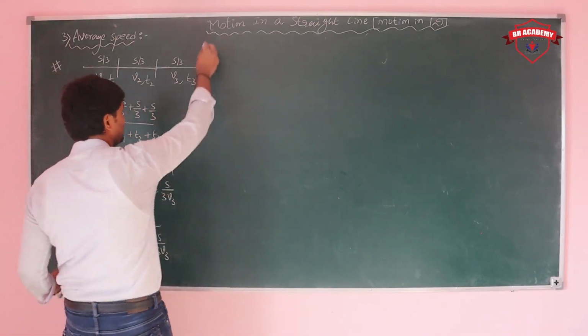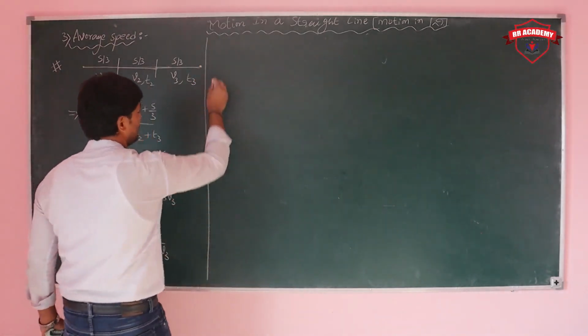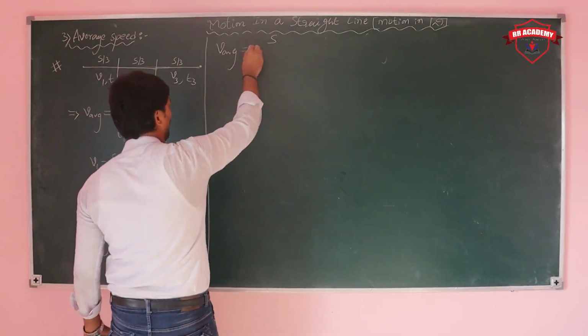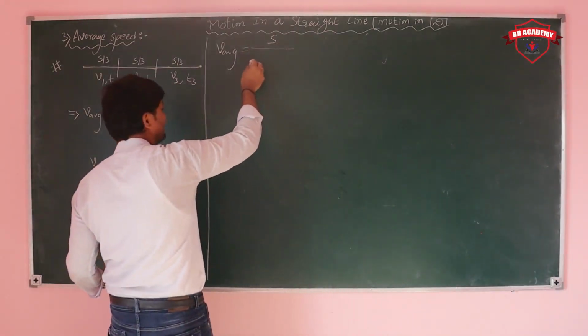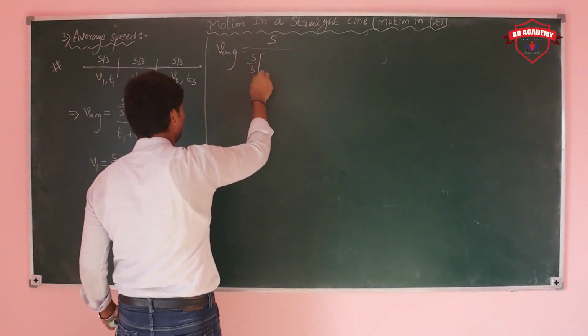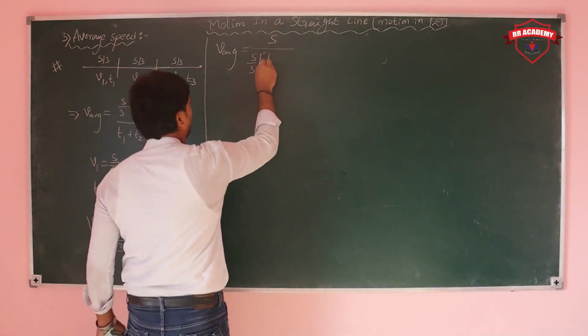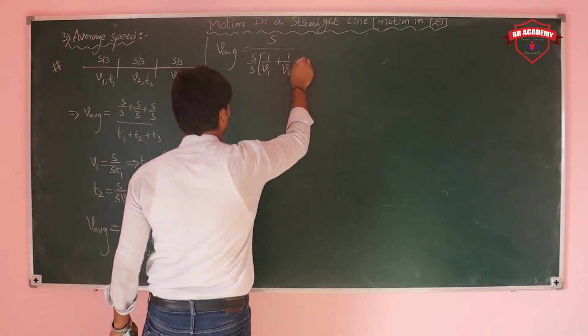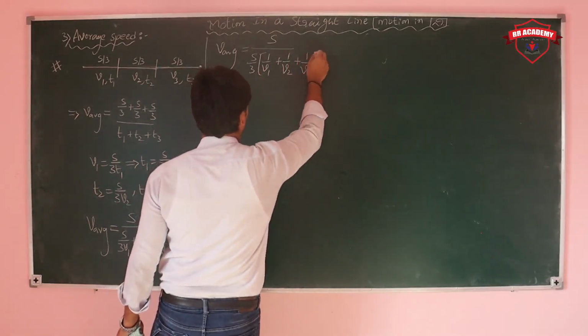Then V average is equal to S, and here I am taking S by 3 as common. If S by 3 is common, the remaining is 1 by V1 plus 1 by V2 plus 1 by V3.